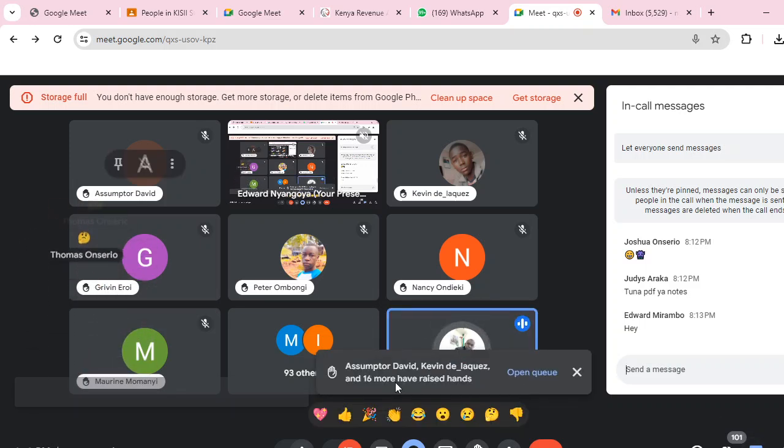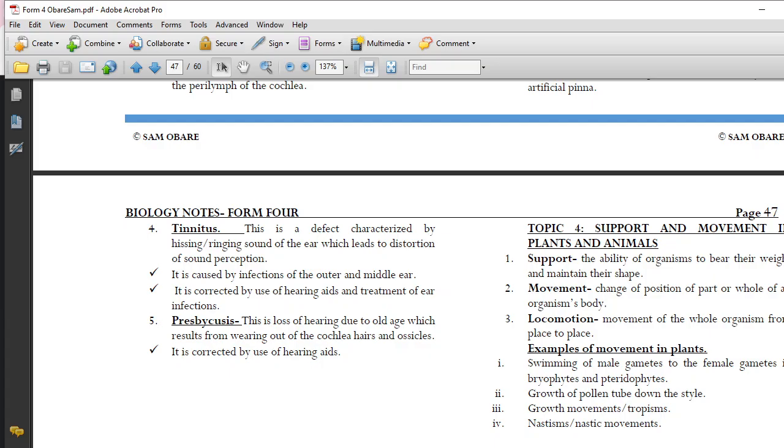Those 8 characteristics are nutrition, gaseous exchange, respiration, excretion, reproduction, growth and development, and then the last 2 that we deal with in Form 4, that is irritability and support and movement. So I keep on reminding us that the syllabus for biology from Form 1 up to Form 4 is about those 8 characteristics of living.